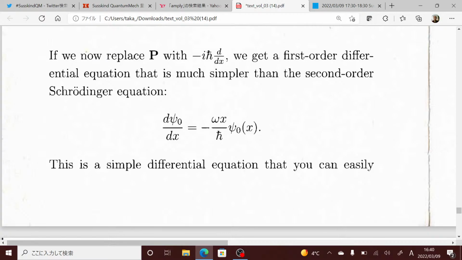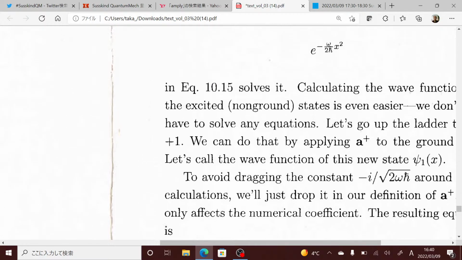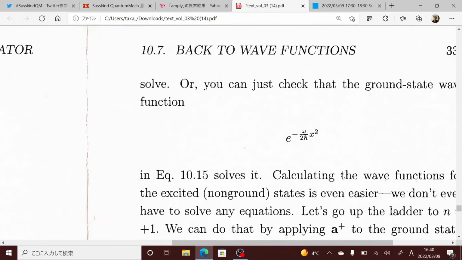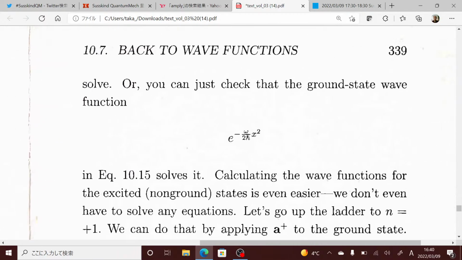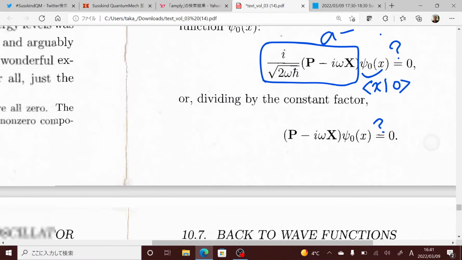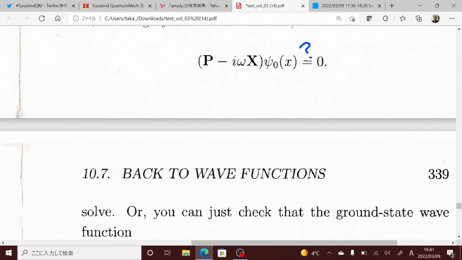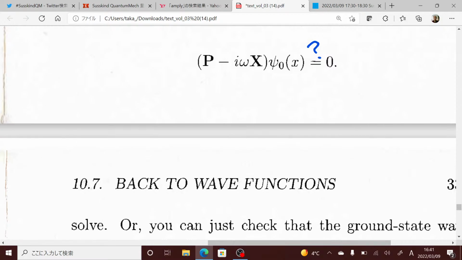This is a simple differential equation that you can easily solve, or you can just check the ground state wave function. See, we can check this one.